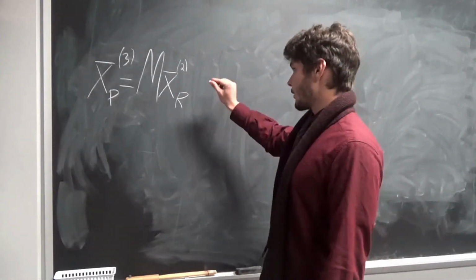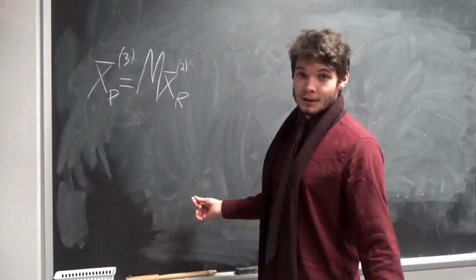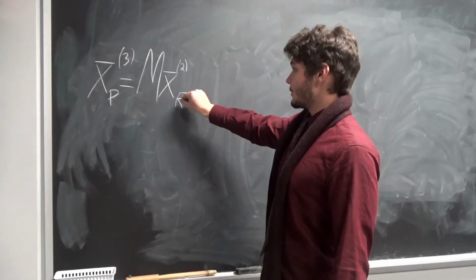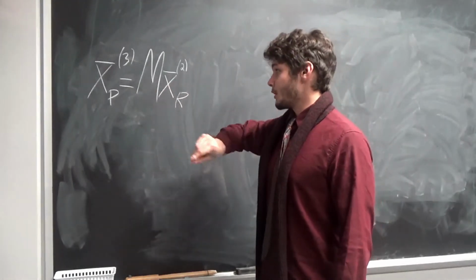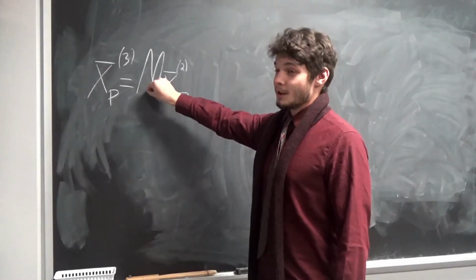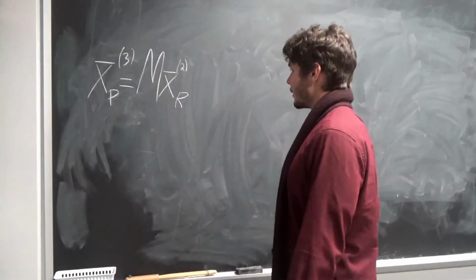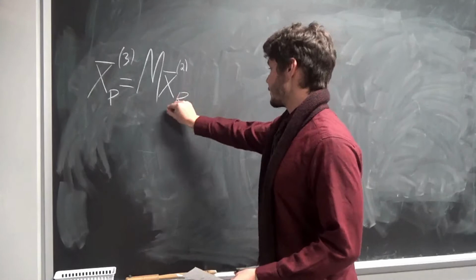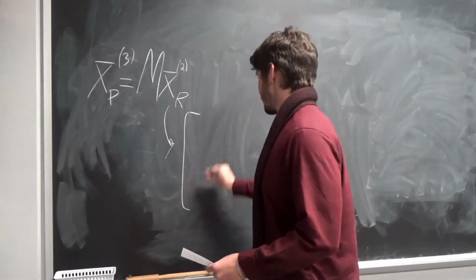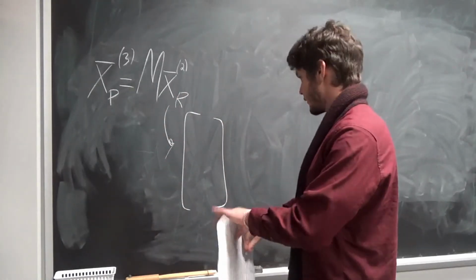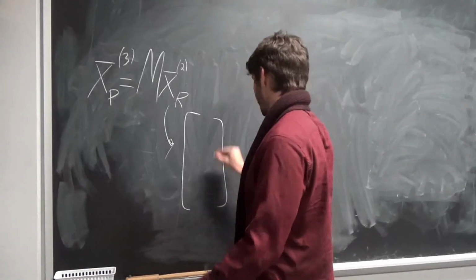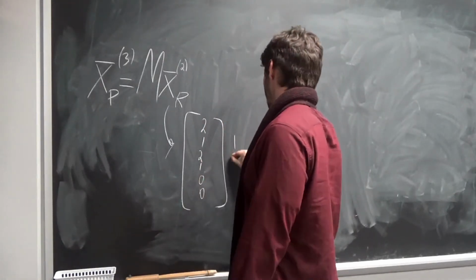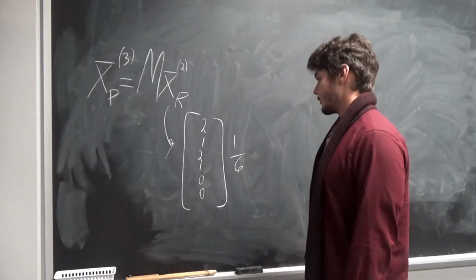Alright. How are we going to do it? It's very iterative. We've done it twice already. We're going to take the last gen that reproduced, multiply by our estimating probability matrix, and just in case we forgot, this vector here is 2, 1, 2, 1, 0, 0 divided by 6.